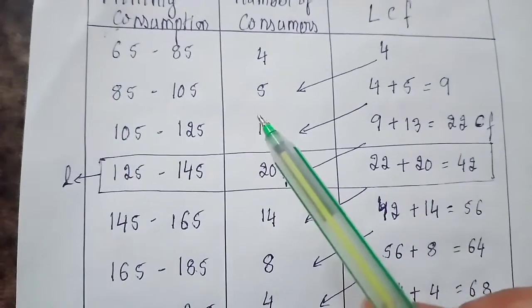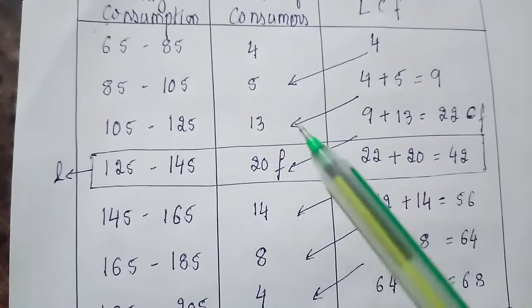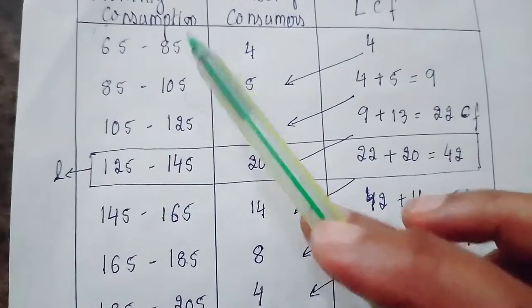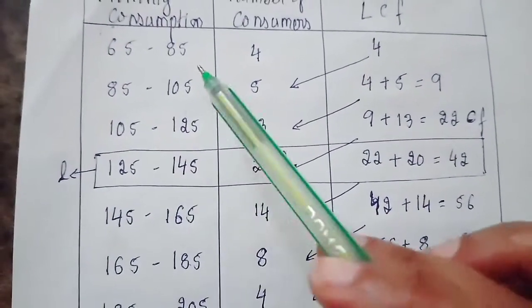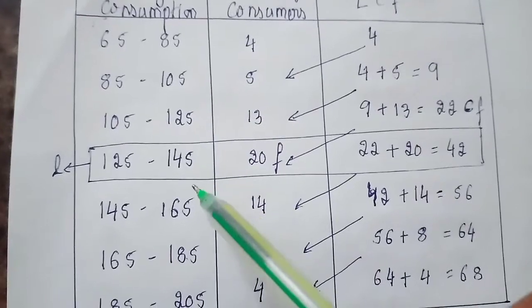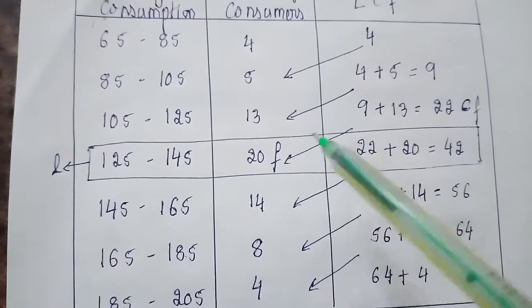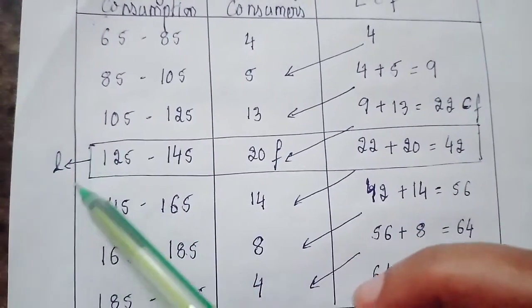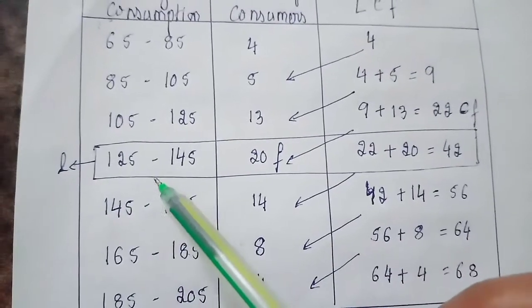And remember, in the case of mode and median, the class intervals must be exclusive, because both the mode and median formulas use L, the lower limit, as a value.